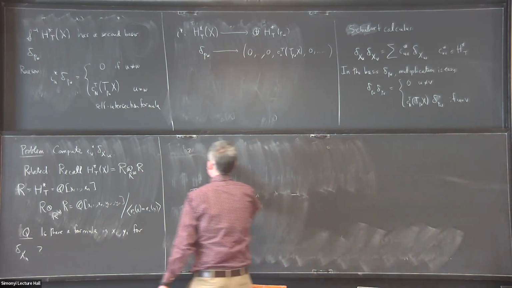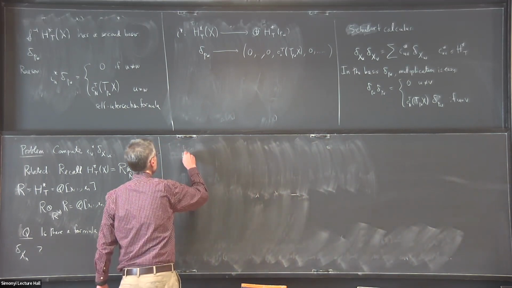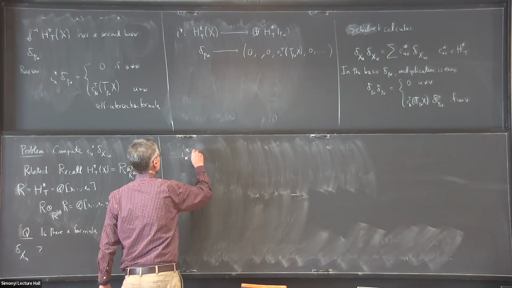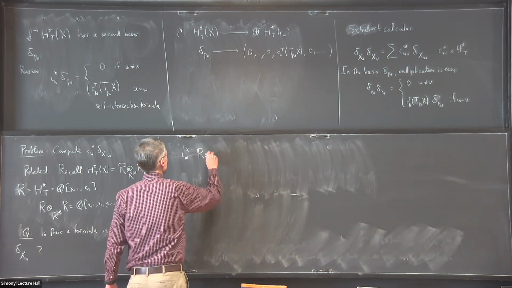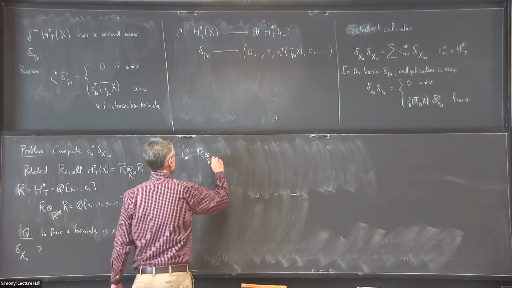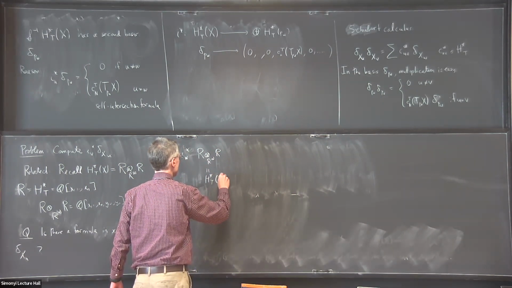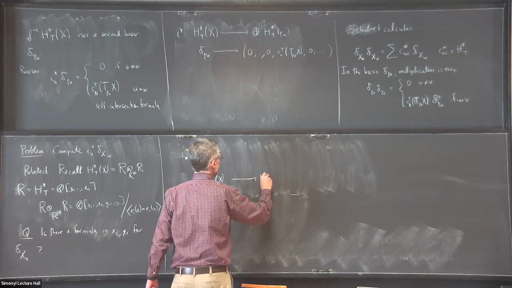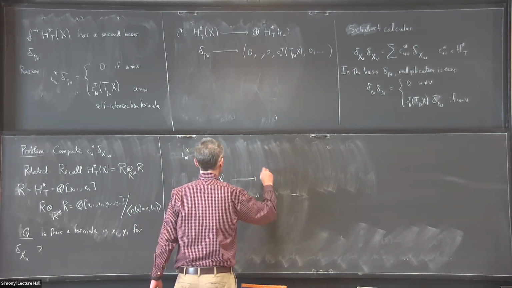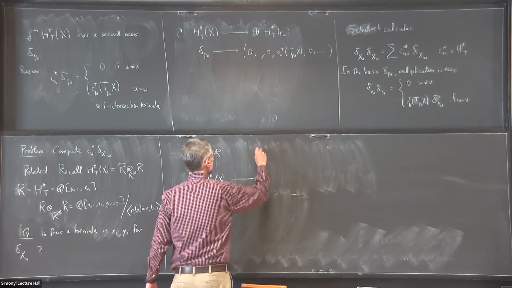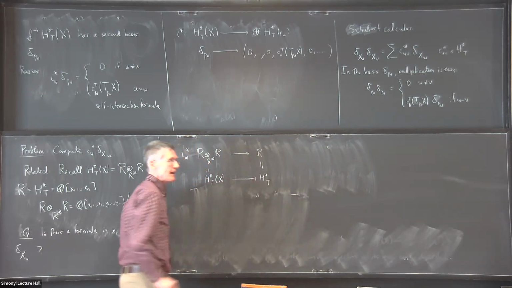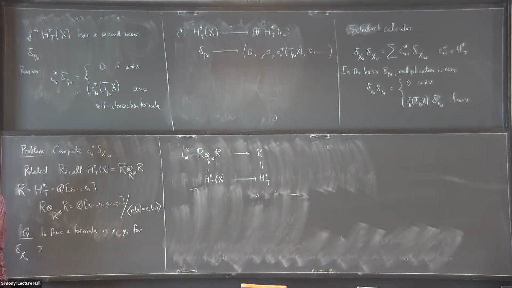You see, i_w star from R tensor over RW of R, this is H star T of X, to H star T of a point, which is just R. This is actually easy to compute.